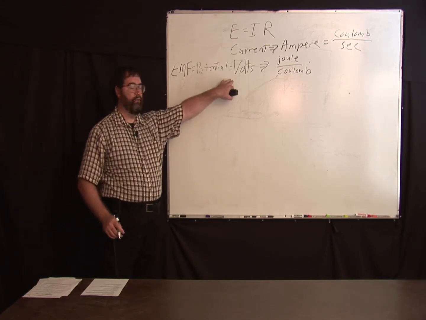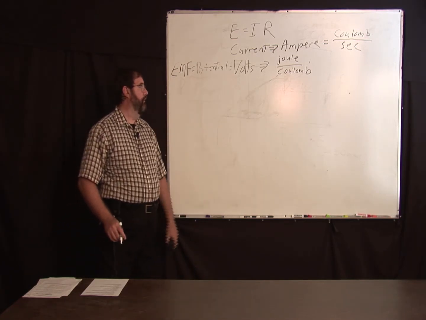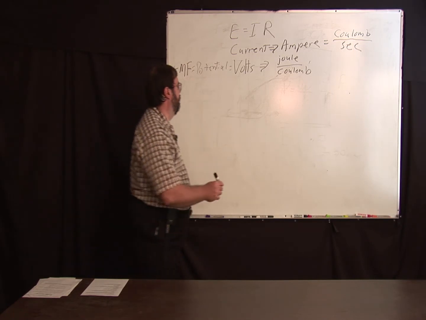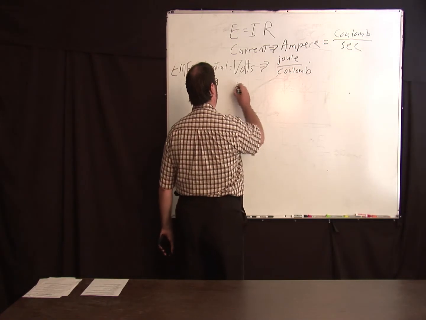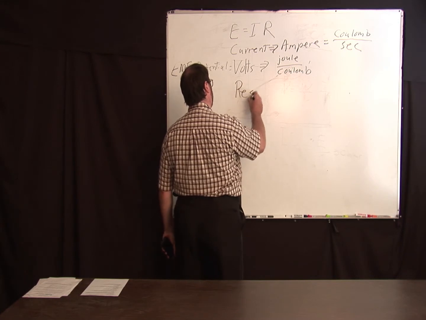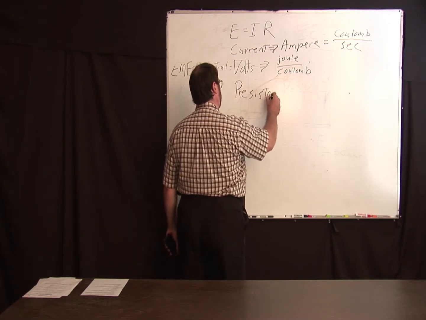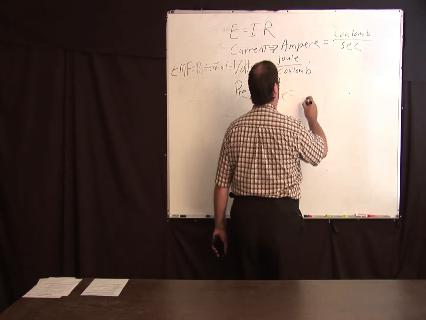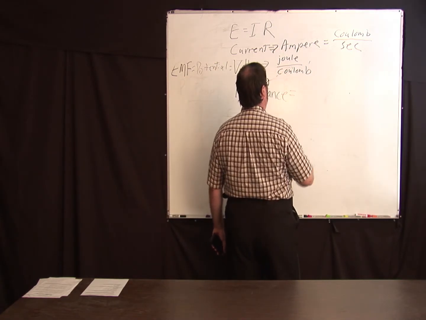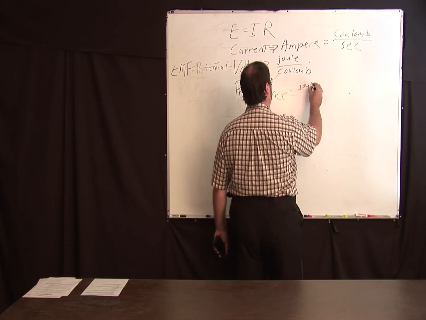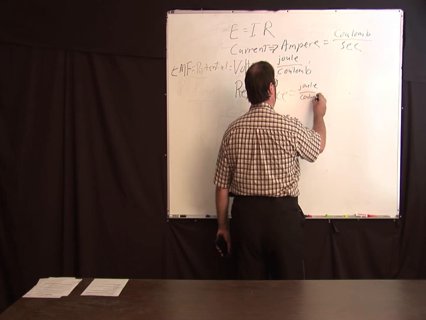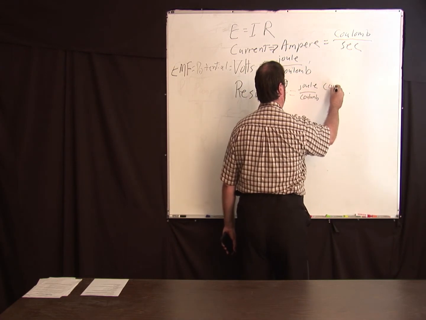So actually there's all kinds of ways you can measure a volt or determine the volt. And then you can define resistance in ohms. It's, well, a joule per coulomb times a coulomb.